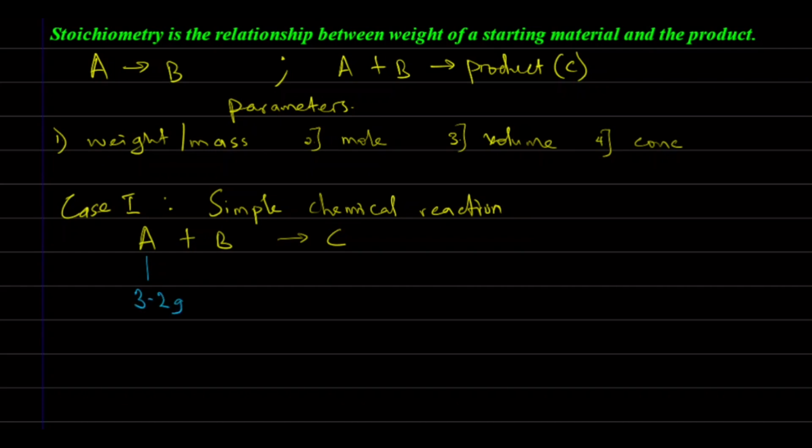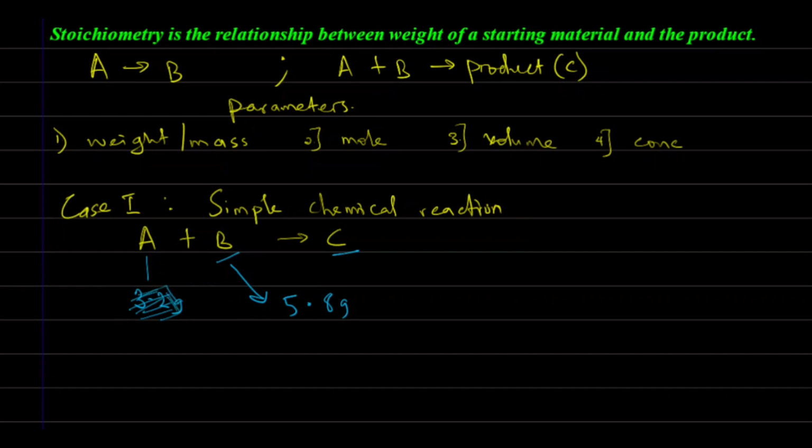And we are asked to solve for the weight of the product C or the weight of the other reactant B. But in a simple chemical reaction, we are going to be giving the weight of one of the reactants or the product. We can also be giving the mass of B, let's say 5.8 grams, and we are not giving the mass of A.